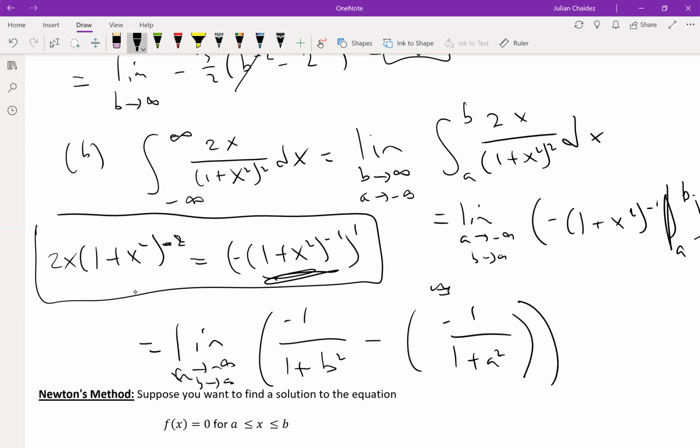Now as a and b go to infinity, both of these terms go to 0, right? If I take the limit as a goes to negative infinity, the a term goes to 0. Likewise, if I take the limit as b goes to infinity, I get negative 1 over b squared, and that also goes to 0.